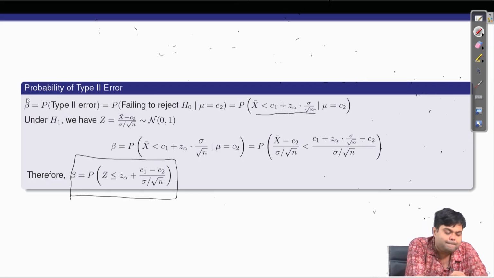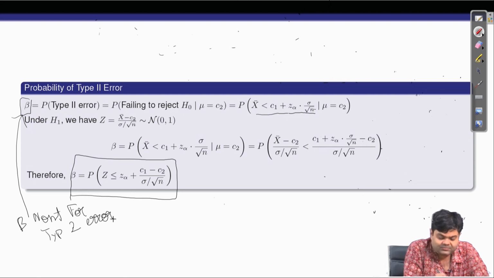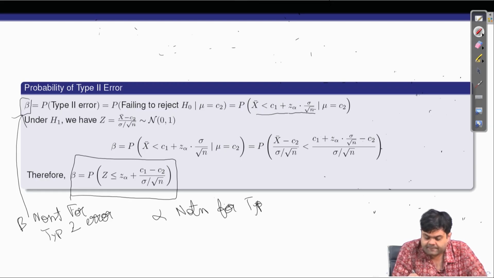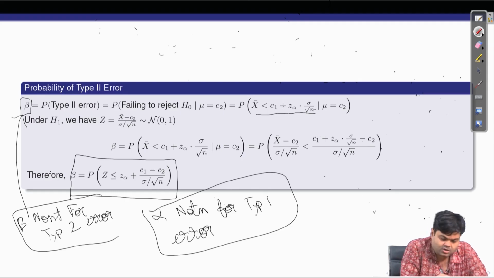Generally speaking, beta is the notation for type 2 error and alpha is the notation for type 1 error. This is generally standard in the literature.